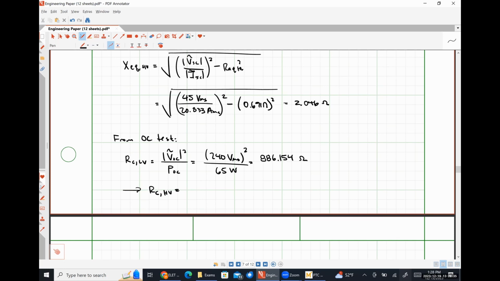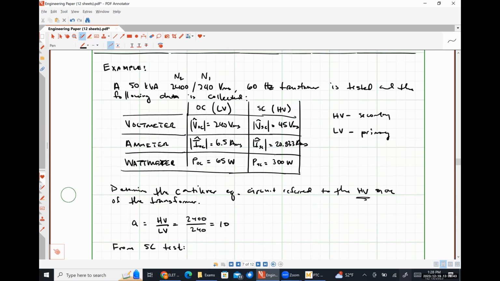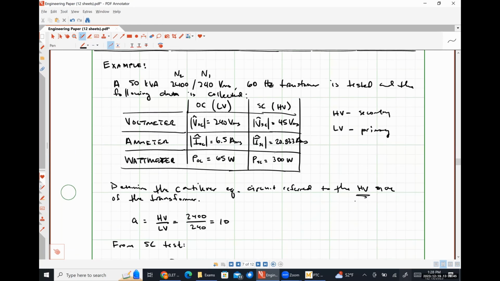So when I refer this resistance to the high voltage side, am I going to multiply by A squared or divide by A squared? Let's go back here and look. We're going from the low voltage side to the high voltage side, so from the primary to the secondary. Multiply.